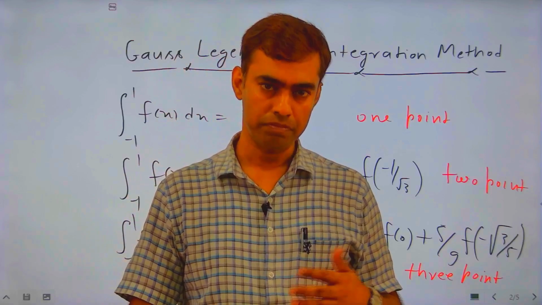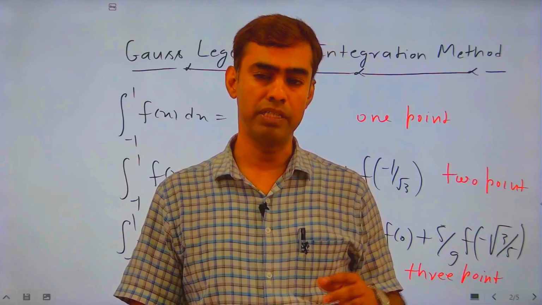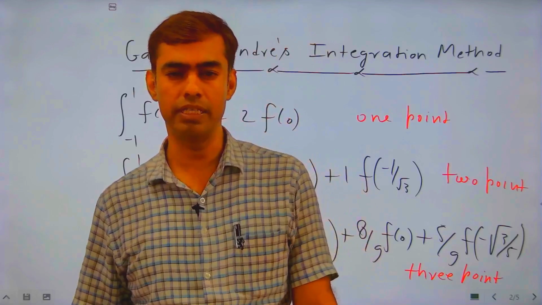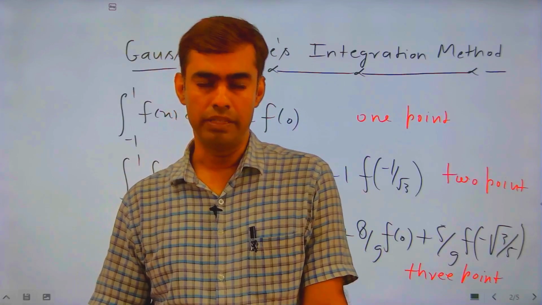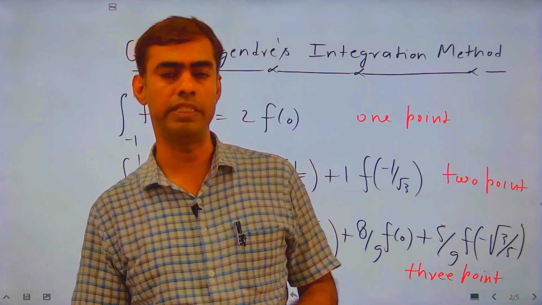In general, dx equals (b minus a) by 2 dt.